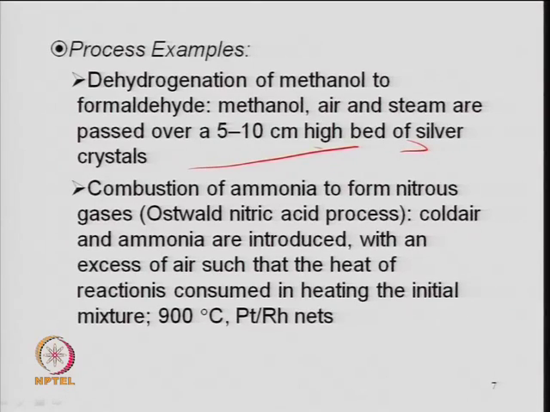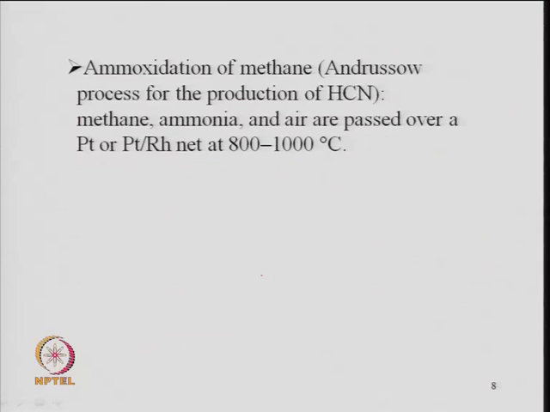Same thing, combustion of ammonia to form nitrous oxide gases, which is a kind of Ostwald process, right, for nitric oxide, HNO3 production, also nitric acid, right. So, here cold air and ammonia are introduced with an excess of air, such that the heat of reaction is consumed in the heating of the initial mixture at around 900 degree centigrade. So, here platinum rhodium type of catalysts are used for the process.